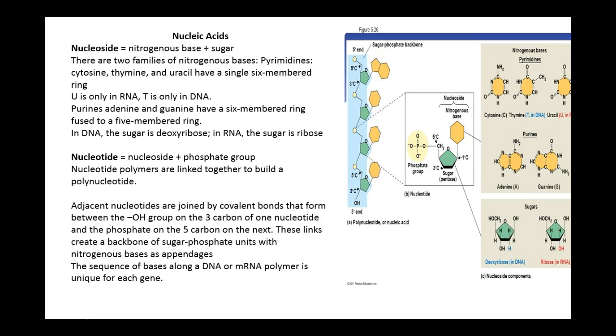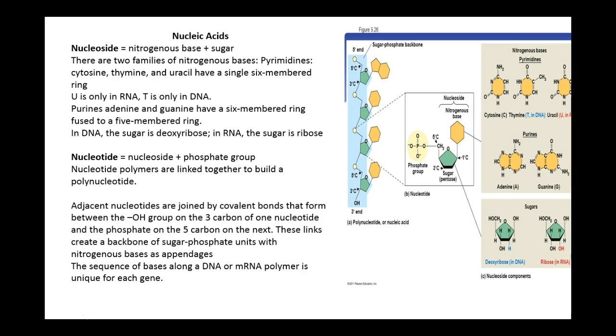Pyrimidines are a 6-membered ring, not a 5-carbon sugar. That's cytosine and thymine in DNA, and uracil in RNA.